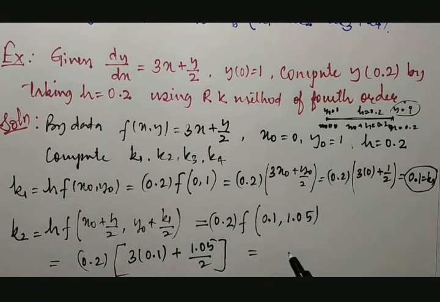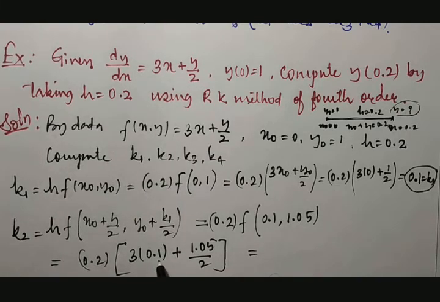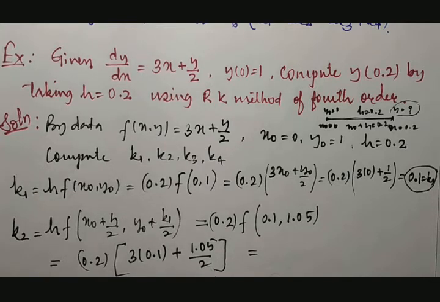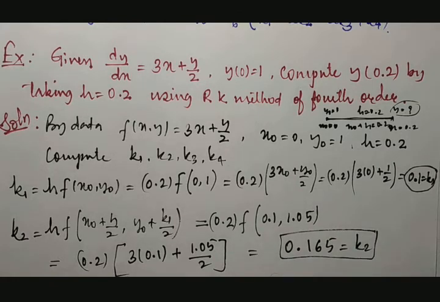If we calculate this, 3 into 0.1 is 0.3, and altogether it will be equal to 0.165. This is the value of K2.